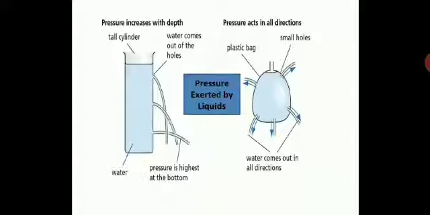You will see water comes out in all directions in a plastic bag where you have created the holes, but it is an oval or round shape. So here the shape of the container is also very important.